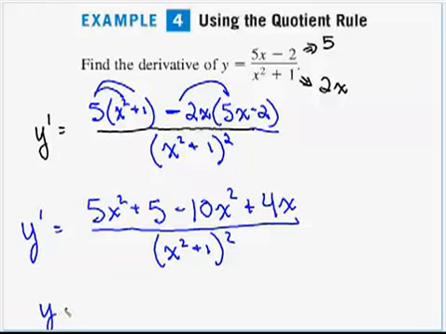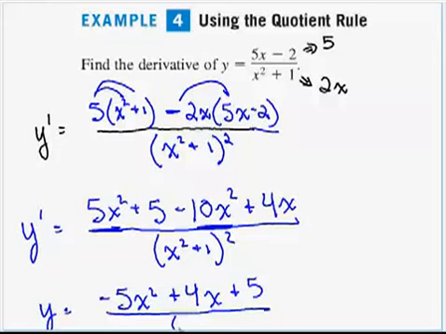And it looks like we can combine some stuff in the numerator still. Our x squareds will wind up with a negative 5x squared when we combine our two terms, and then a plus 4x and a plus 5. And our denominator, x squared plus 1 quantity squared. And there is the derivative of our original quotient.